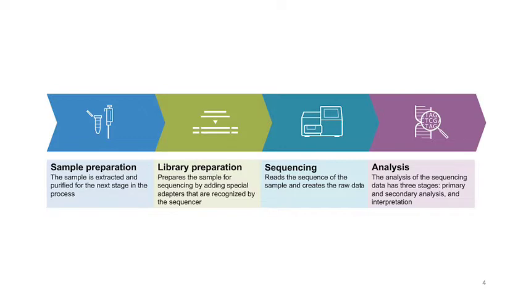A library is then created from the purified nucleic acids by ligating adapters onto the ends of the nucleic acids and by creating clusters on a flow cell. Following the creation of the library, the sequence of the nucleotide is determined by fluorescence signals. And the final step is data analysis.